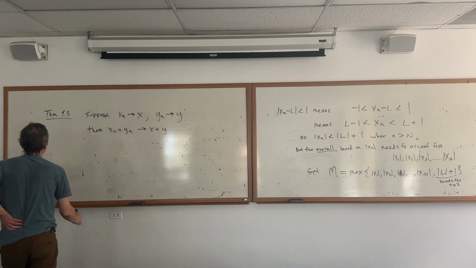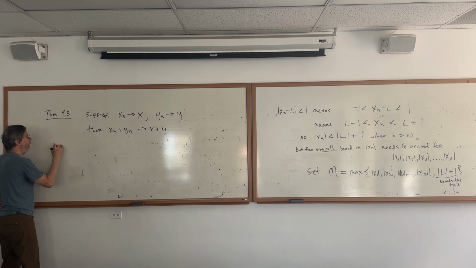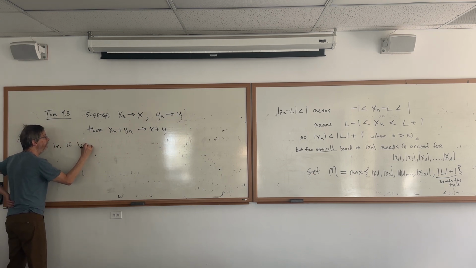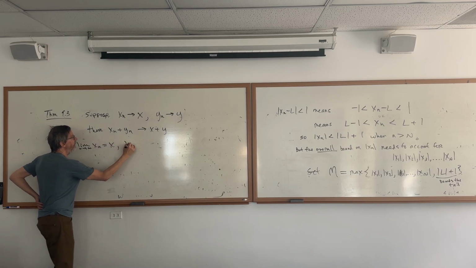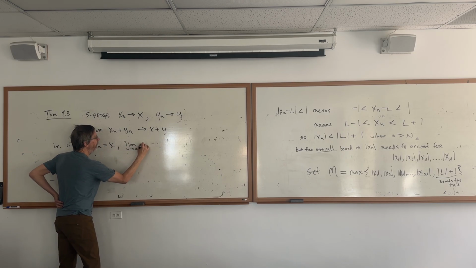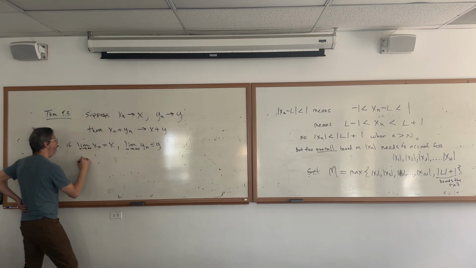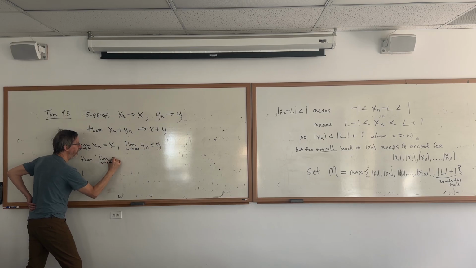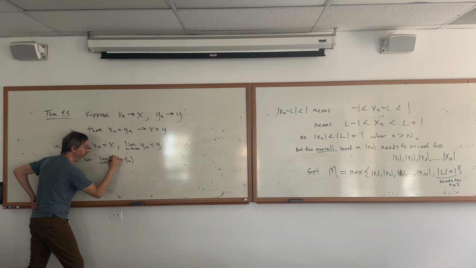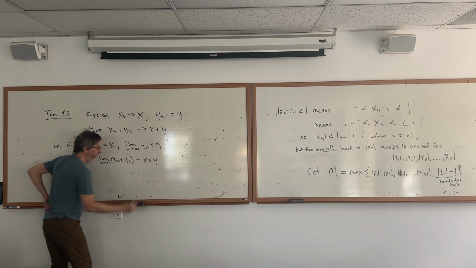Let me write that out a slightly different way. I.e., if limit as n goes to infinity of x sub n equals x, limit as n goes to infinity of y sub n equals y, then limit as n goes to infinity of x sub n plus y sub n is x plus y.